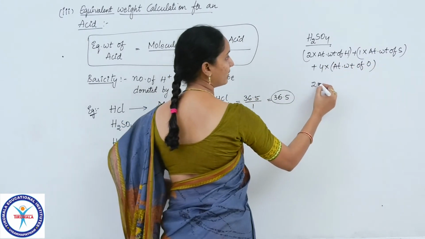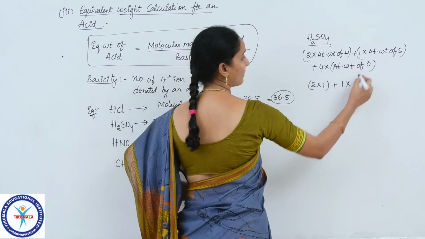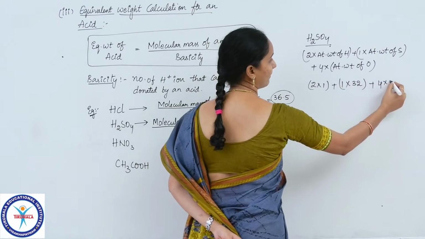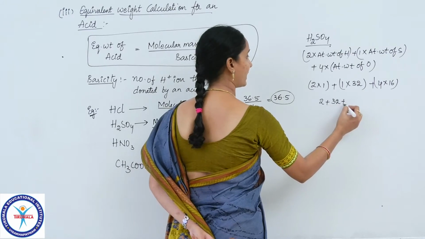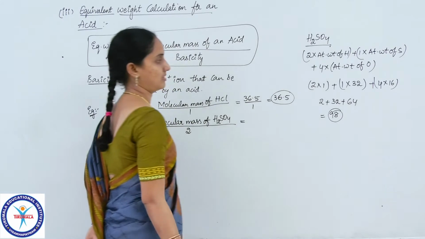Now 2 into atomic weight of hydrogen, which is 1, plus 1 into atomic weight of sulfur, which is 32, plus 4 into atomic weight of oxygen, which is 16. So 2 plus 32 plus 64, total it is 98.